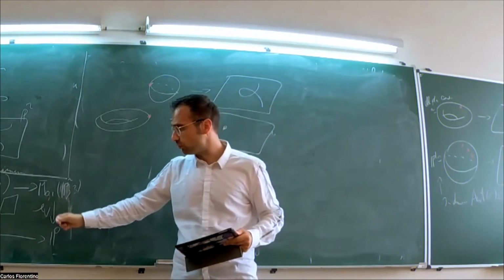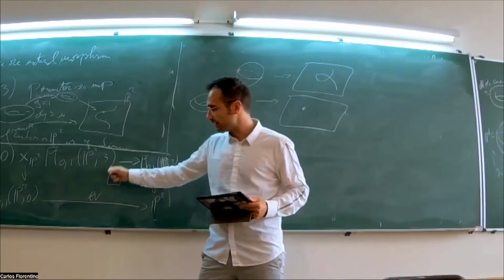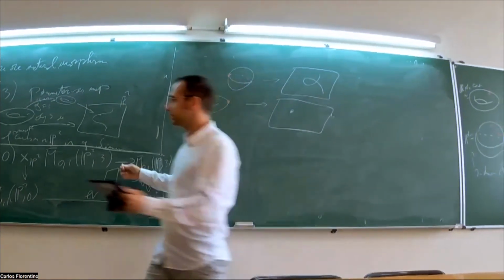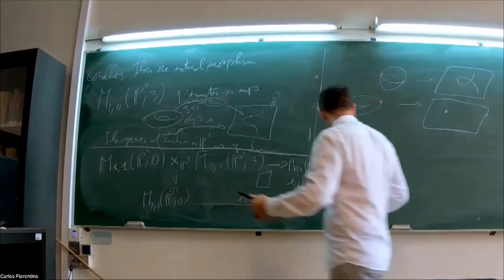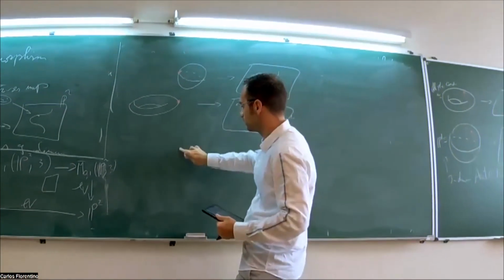I consider the evaluation map here. I consider the Cartesian square, and I get this space. What's this space? This space is just the space gluing this one.